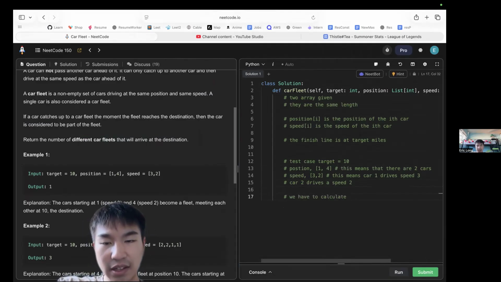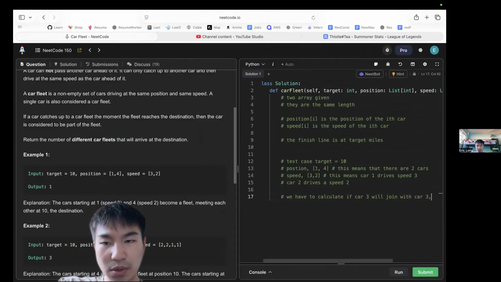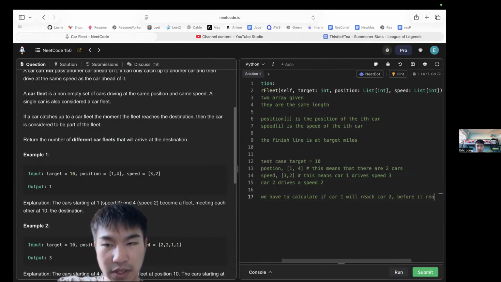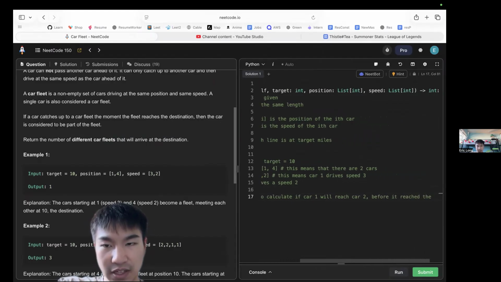We have to calculate if car 1 will reach car 2 before it reaches the finish line.